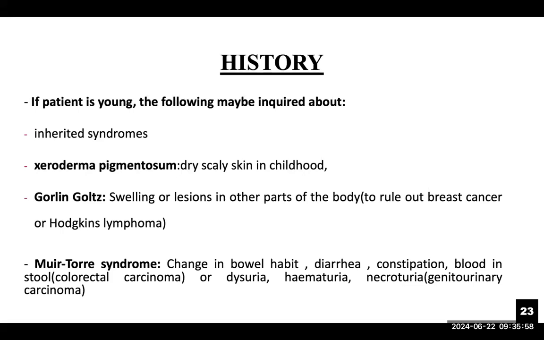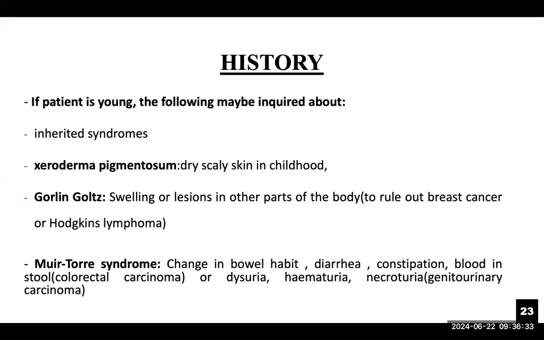And if the patient is young, the following should also be inquired about, taking into consideration the inherited syndromes. For xeroderma pigmentosum, I would like to take a history of a dry, scaly skin in childhood. Then for Gorlin-Goltz syndrome, I would also want to take a history of swellings or lesions on other parts of the body to rule out breast cancer or Hodgkin's lymphoma, which are the systemic tumors associated with Gorlin-Goltz.